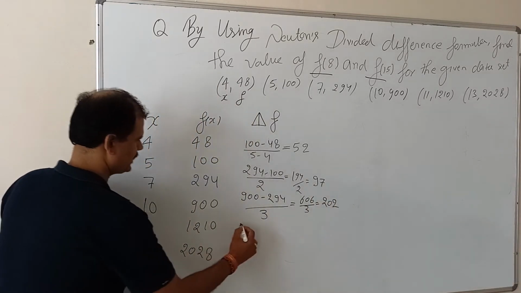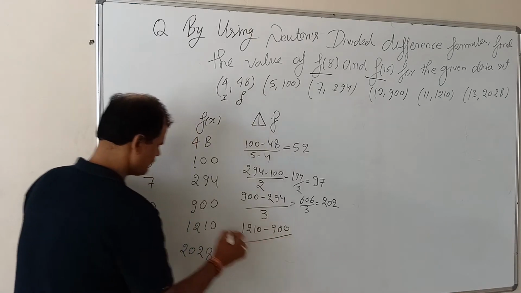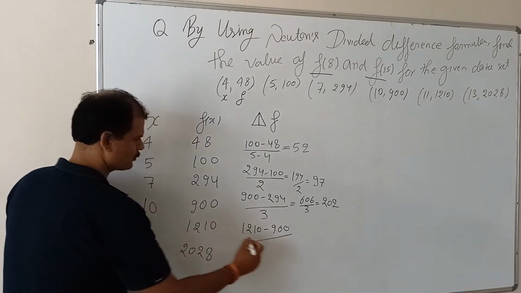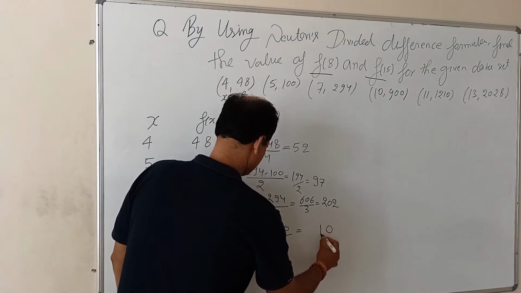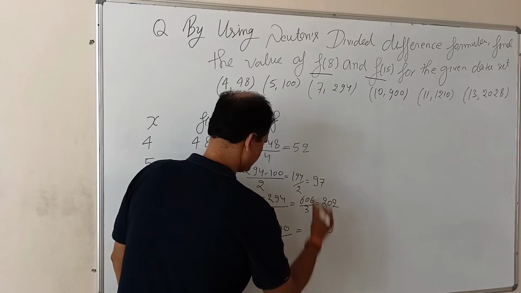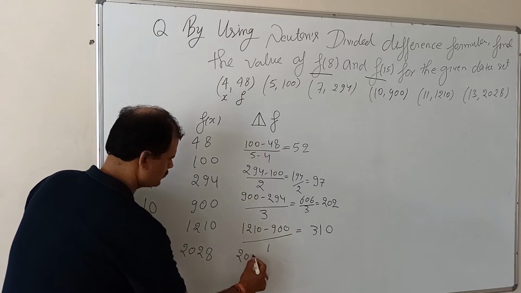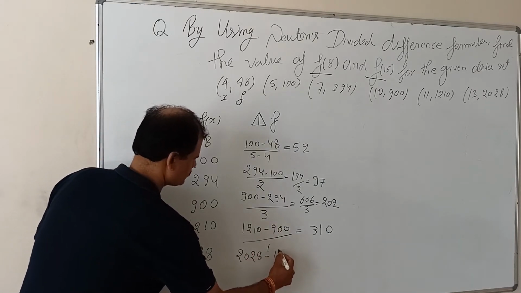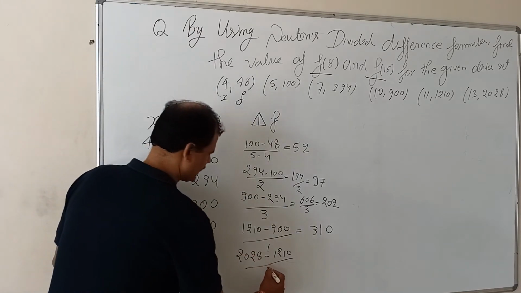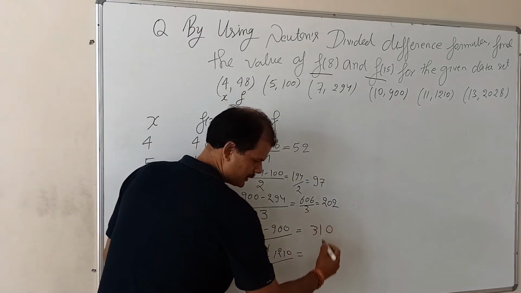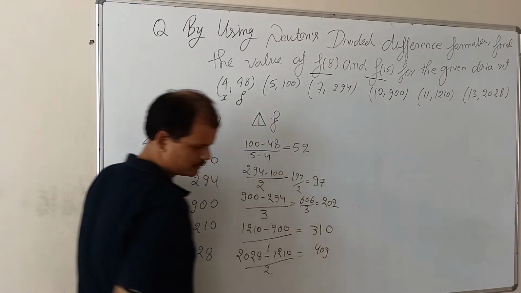And next we have 1210 minus 900 divided by 11 minus 10, so we get 310. Right? And next we have 2028 minus 1210 divided by 13 minus 11, so 2. So we are getting 409 as the answer. 409.